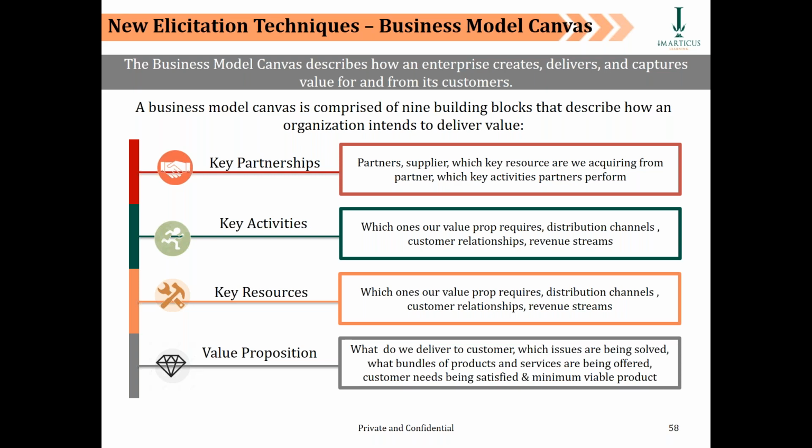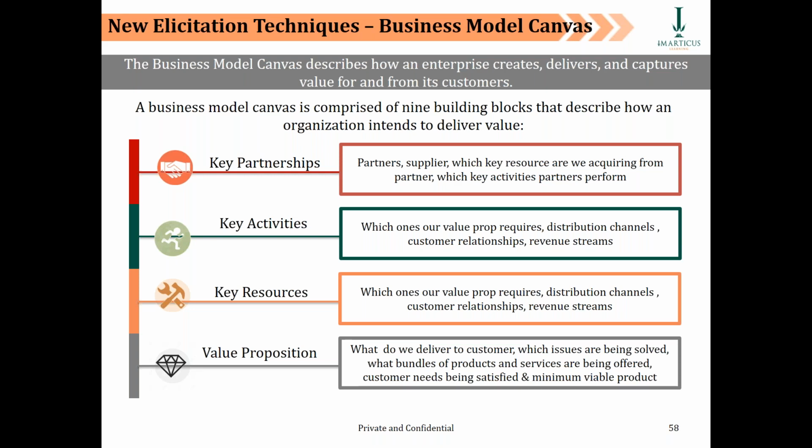So you can choose the technique you want to do and find the right material around each thing. So for example, if you're thinking of using business model canvas tomorrow, ensure that these pointers, for example, key resources, who are our key resources, what is our proposition here, who are our relationships, distribution channels, revenue streams.